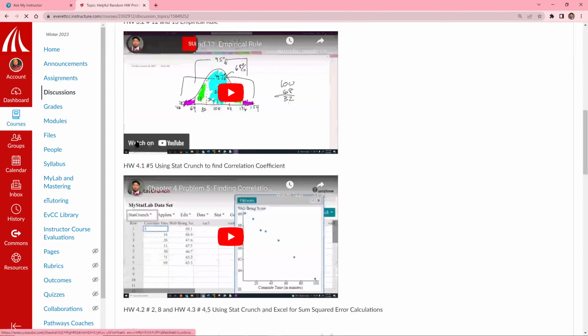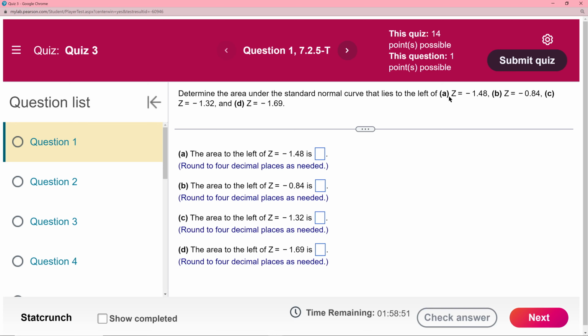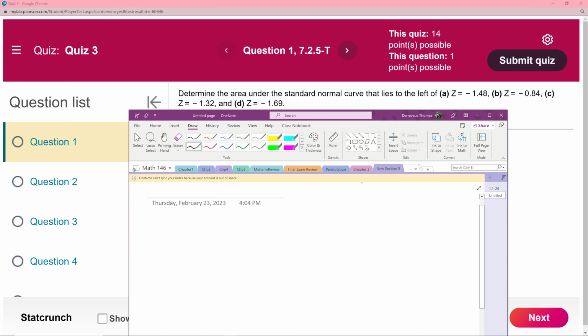Determine the area under the normal standard curve to the left of this. So the first thing we should do is take a look at what this looks like graphically. The standard normal curve is this bell-shaped curve such that the mean is 0 and the standard deviation is 1.